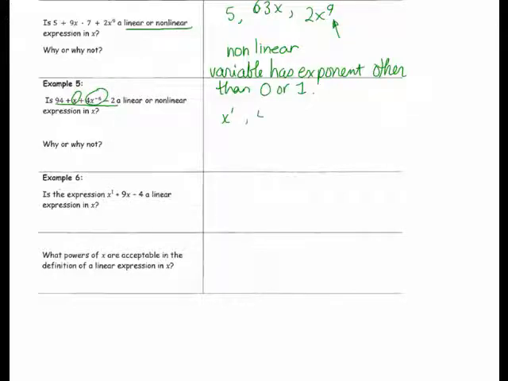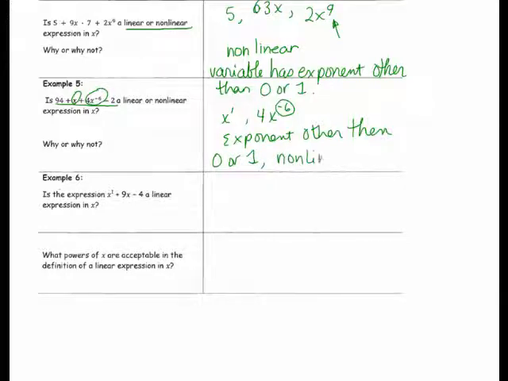However, when you look at the other term, 4x to the negative 6th power, because this has an exponent other than 0 or 1, it is a nonlinear equation. Rather, it is a nonlinear expression.